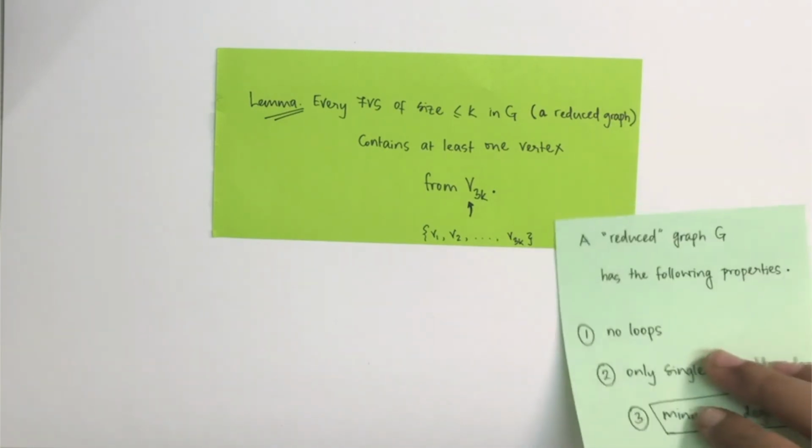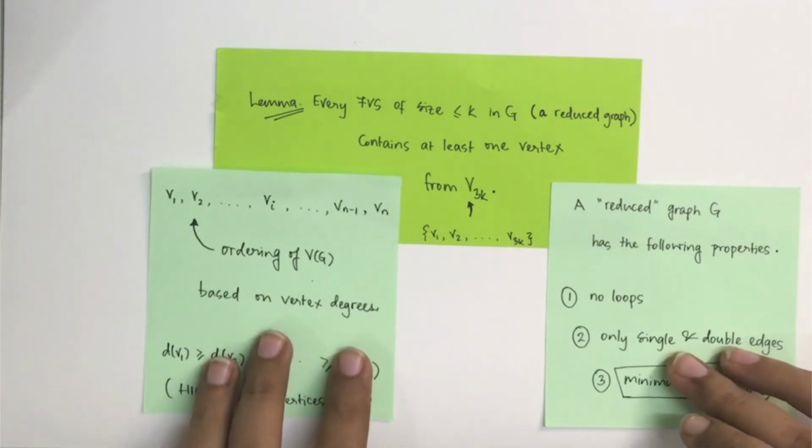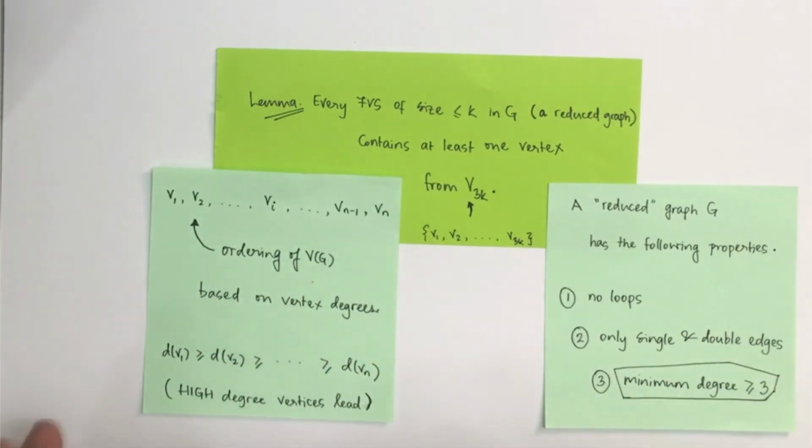So let's go back to the statement that we originally wanted to prove. Recall that we are working with a reduced graph, and we have also organized the vertices in descending order of degree. So the high degree vertices come first. And in this setting, the claim was that any feedback vertex set of size at most k must choose one of the top 3k vertices.